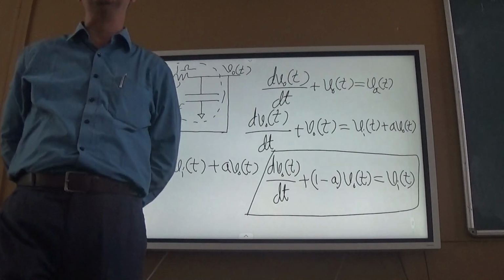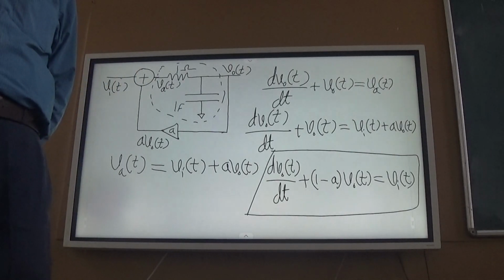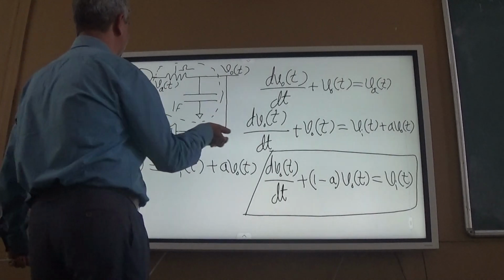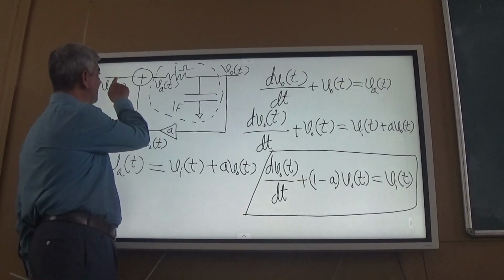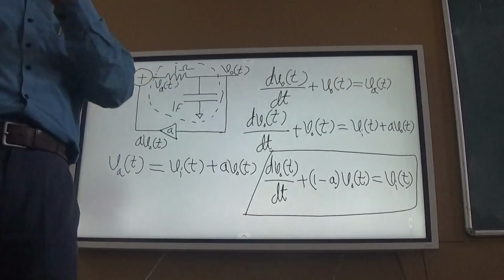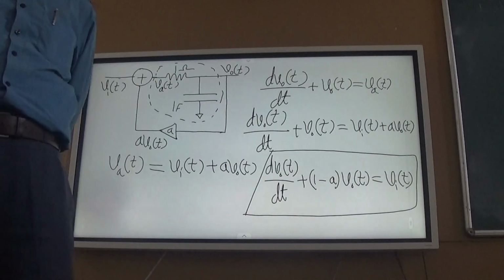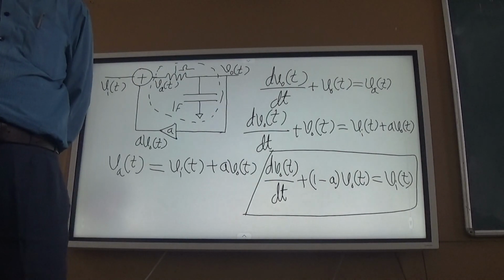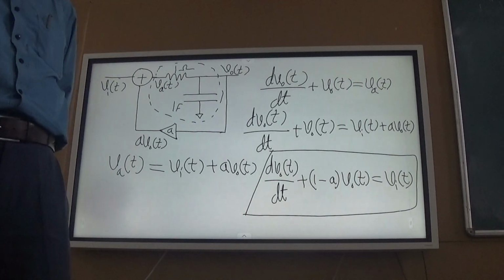So if A is 0, what will happen? If A is 0, it is as good as not there. So this not there means this is as good as this. So it is the original equation. If A is 0, dVot by dt plus Vot is equal to Vin t. If A is 1, dVot by dt is equal to Vin t.